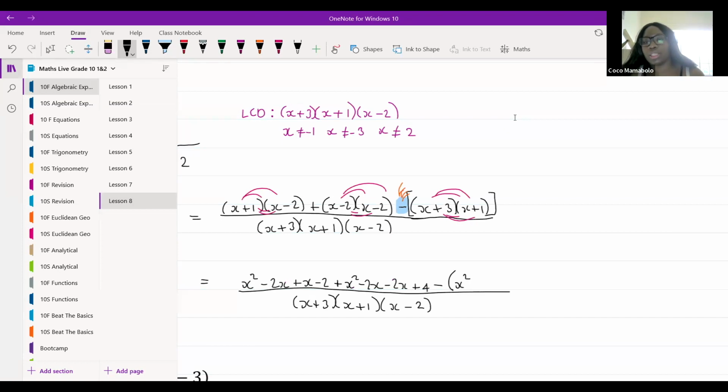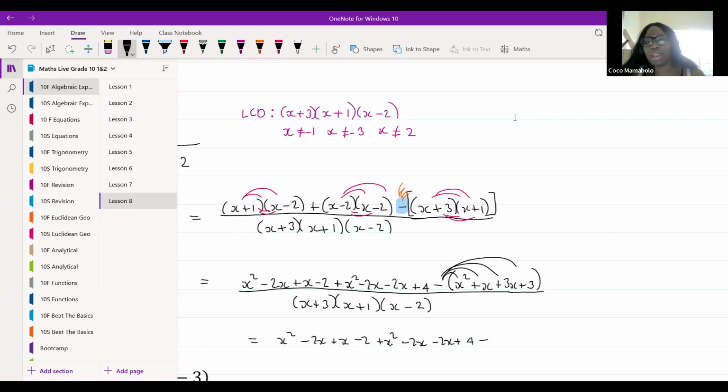X squared plus x plus 3x plus 3. Okay, and then we're going to multiply in. I want to multiply in that negative first before I continue. Okay, x squared minus 2x plus x minus 2 plus x squared minus 2x plus 4.